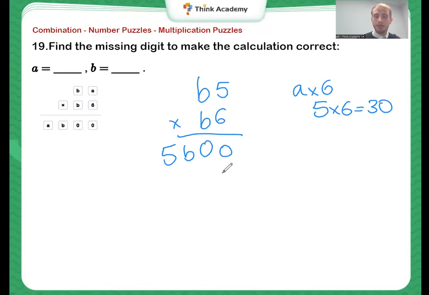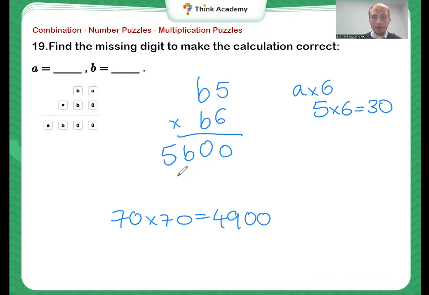So next, looking at what you've got, we know that these 2 B's are the same, something 5 and something 6. So what could that be? Well, looking at our times table, if these were 70s, well, I know that 70 times 70 gives me 4,900.